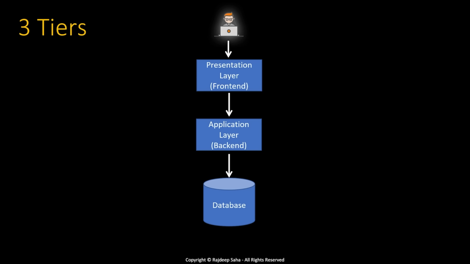These three distinct layers or tiers, presentation layer or front end, application layer or backend, and database, is the reason this architecture is called three tiers.